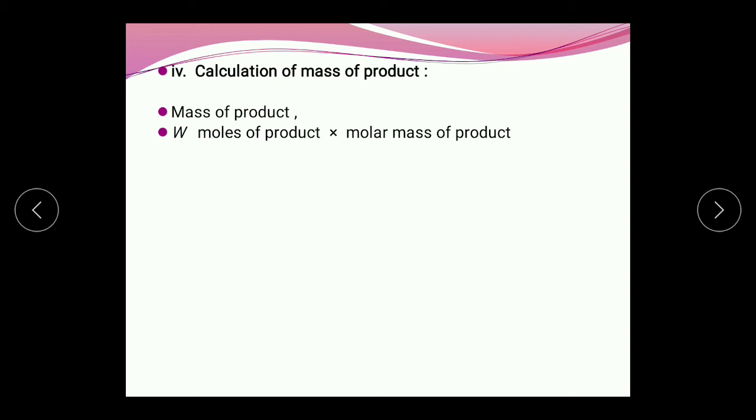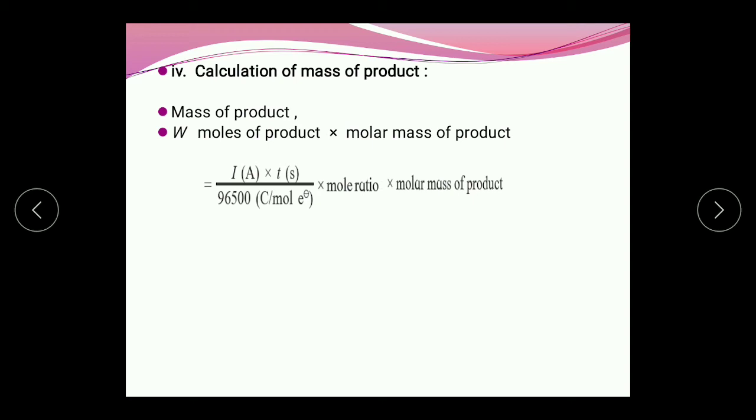W equal to I into T upon 96,500 into mole ratio into molar mass of product.